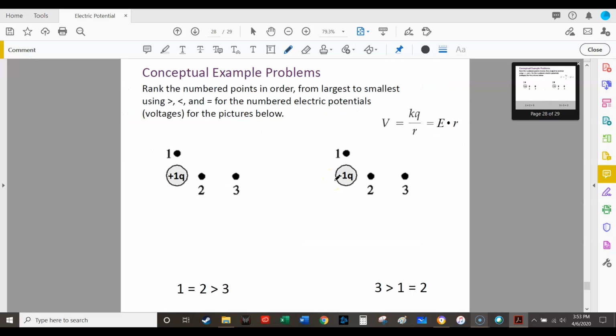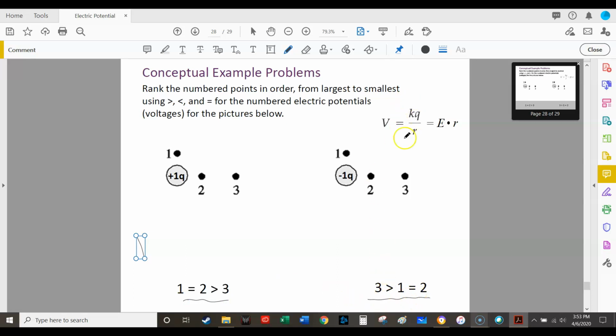Moving on. We're going to use what we just did to help us with these conceptual problems. We have points 1, 2, 3, and a positive charge there. The answer is already indicated down here, but how is this true?